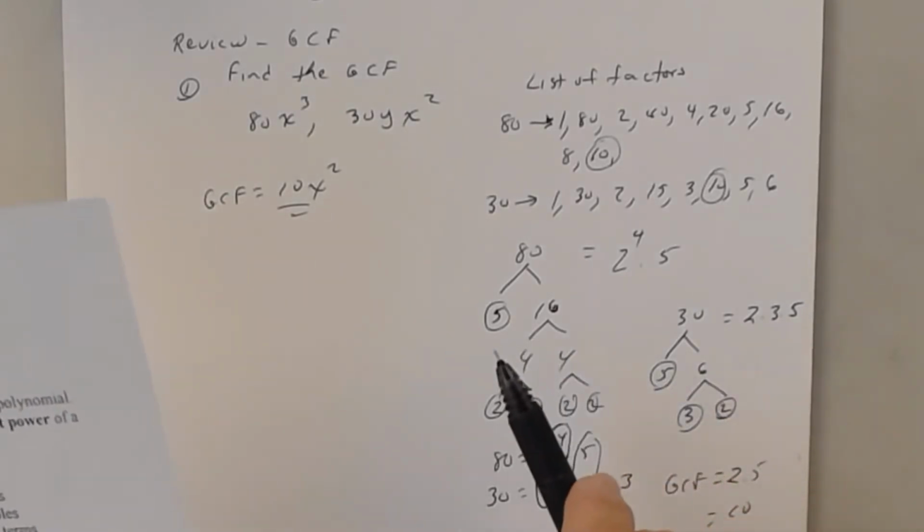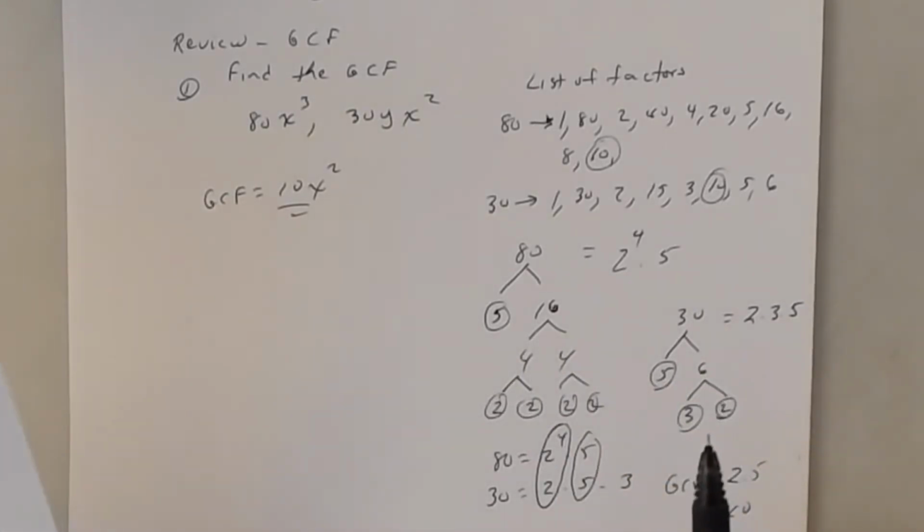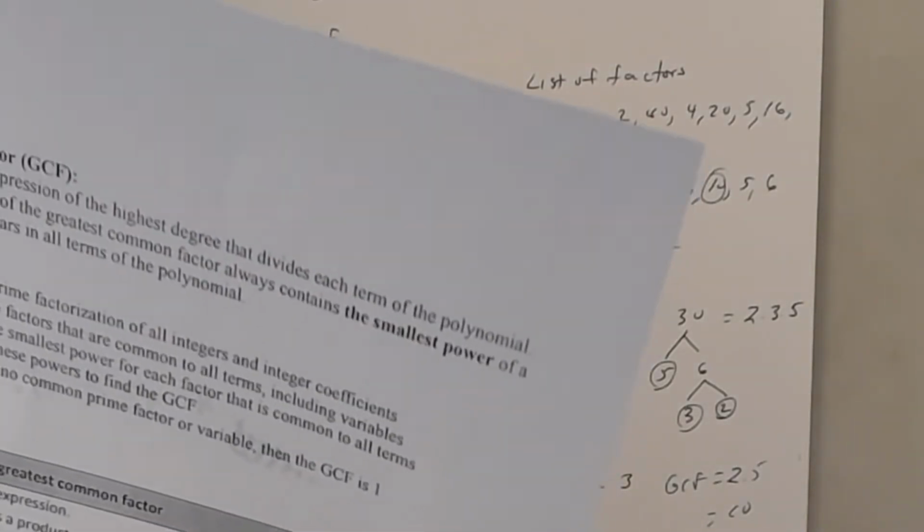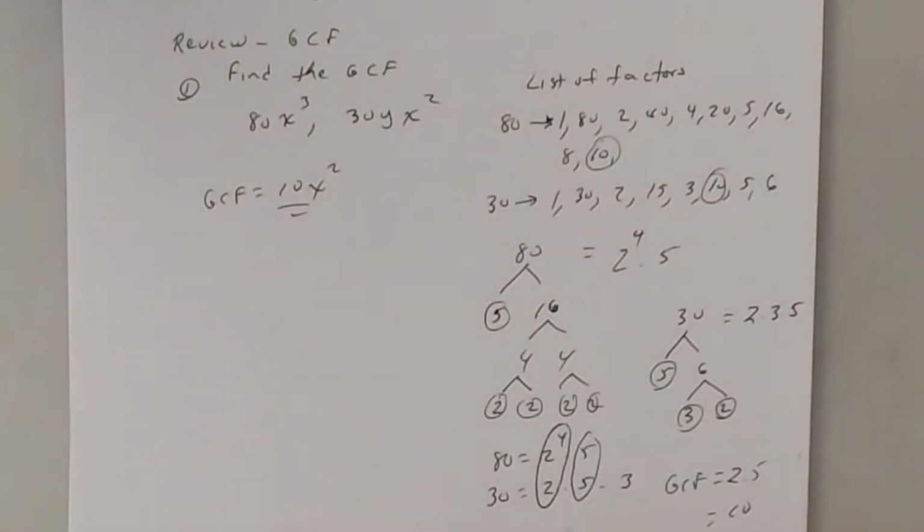Step 2 is to list all the factors they have in common, including the variables. Step 3 is to choose the smallest power for each factor, the smallest exponent, and then you multiply them together. So it's kind of like right here. What's this exponent right here? 4. What's this exponent right here? 1. What's this exponent? 1. And so it's just saying, just multiply the one with the smallest exponent. So 2 times 5 is 10.